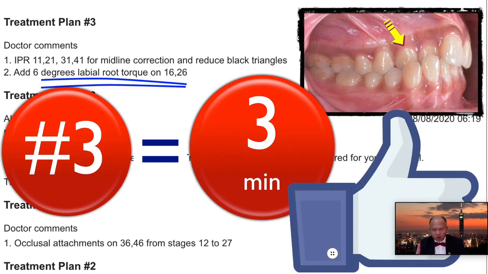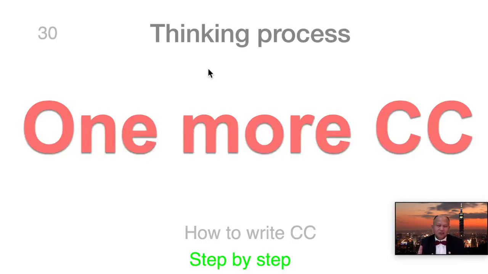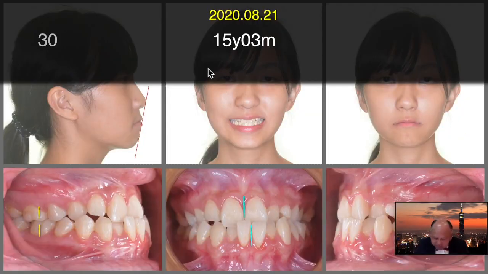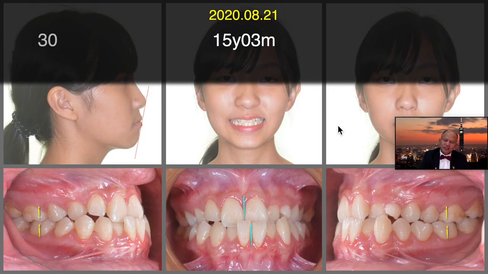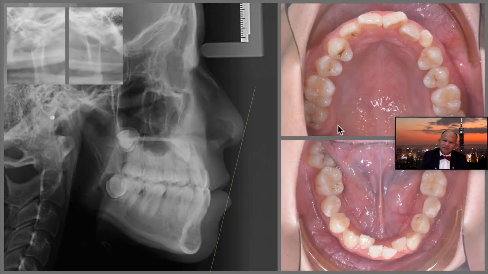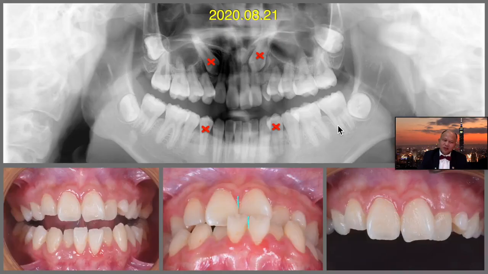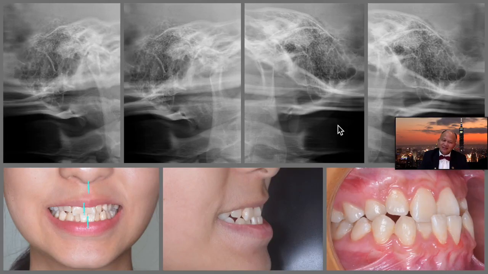If you know how to give a precise instruction, the rest is easy. Thinking process, one more exercise. My dear friend, how would you fix this young lady? Watch carefully. She has 2 very, very deep impactions and anterior crossbite, which is quite popular in Asia.